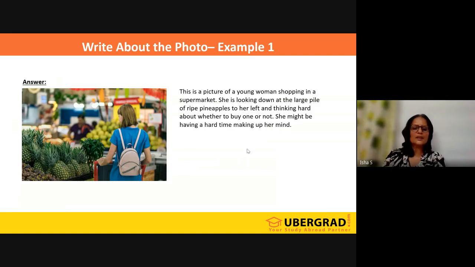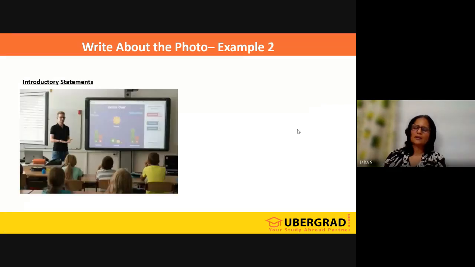There is one image for you. This is the picture of a young woman shopping in a supermarket. She is looking down at a large pile of ripe pineapples to her left and thinking hard about whether to buy one or not. She might be having a hard time making up her mind. It's time to do your prediction statement describing the image.